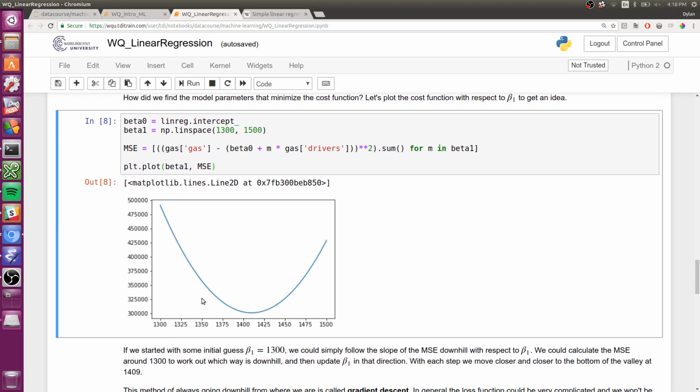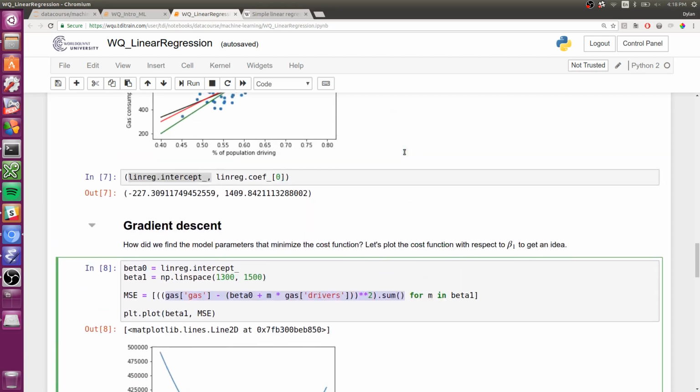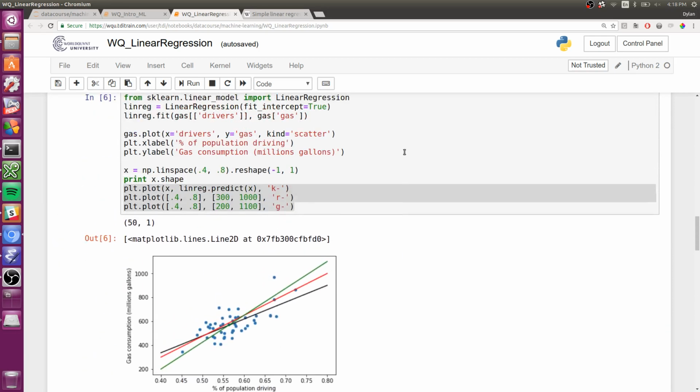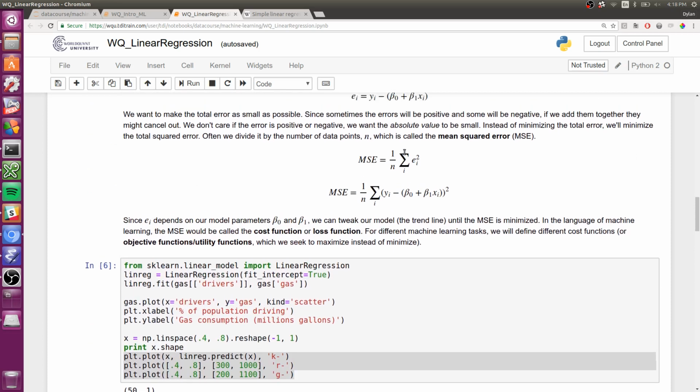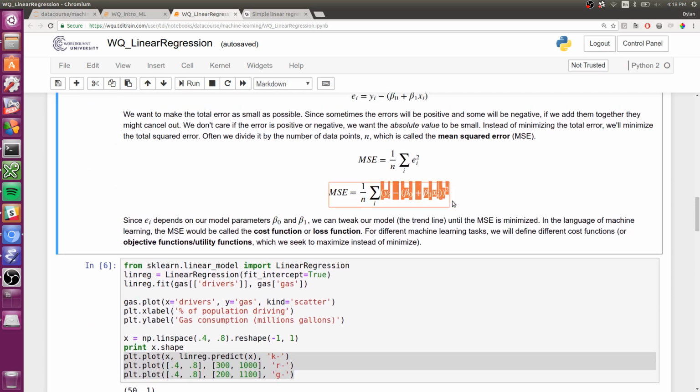And in fact, it increases like this as I vary beta 1, as I vary that slope. So this actually is a parabola. And we should have expected that from the formula here, in fact.